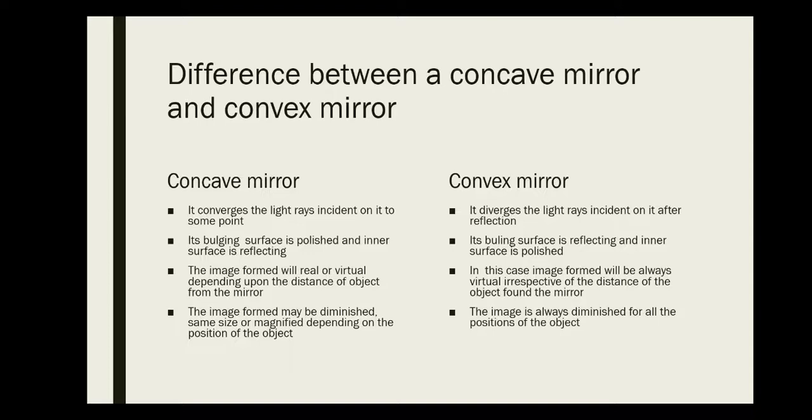Here, what type of image is formed? Same size, diminished, magnified depending upon the position of the object. Here always a small, diminished image is formed. You can keep the object in any position.